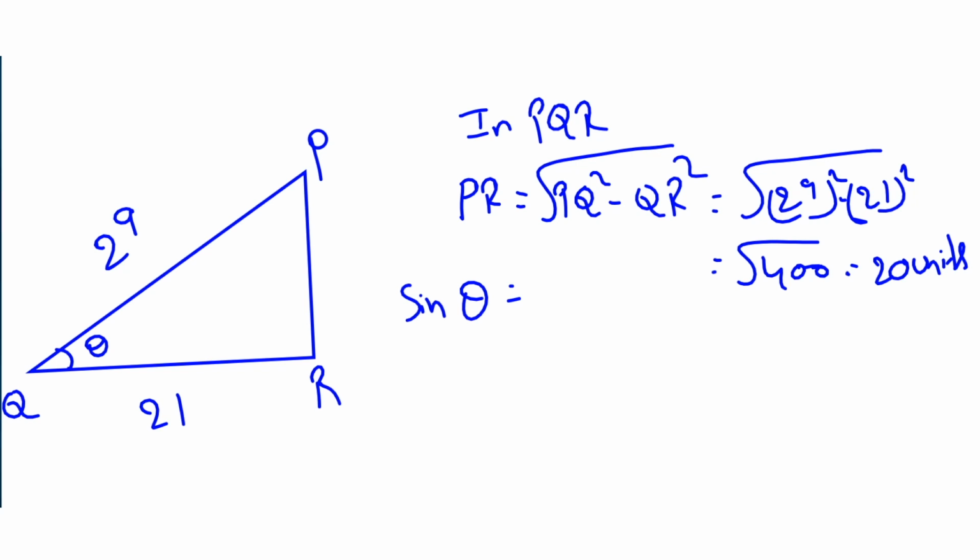The opposite side is PR, that is 20 units, by hypotenuse PQ, that equals 20 by 29.